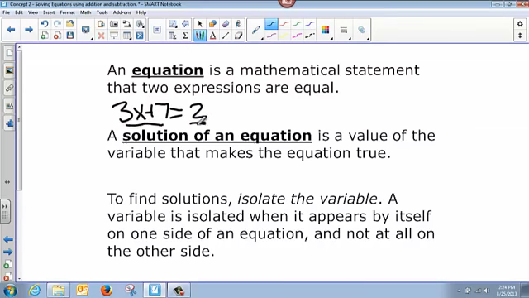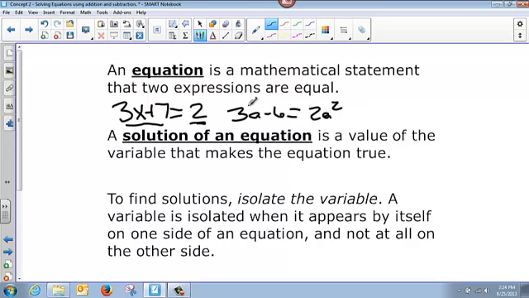And equations look very different sometimes. You could have something like 3a minus 6 equals 2a squared. Now we won't do anything like that in here, but this is an equation. I have two expressions and an equal sign. Therefore, we have an equation.